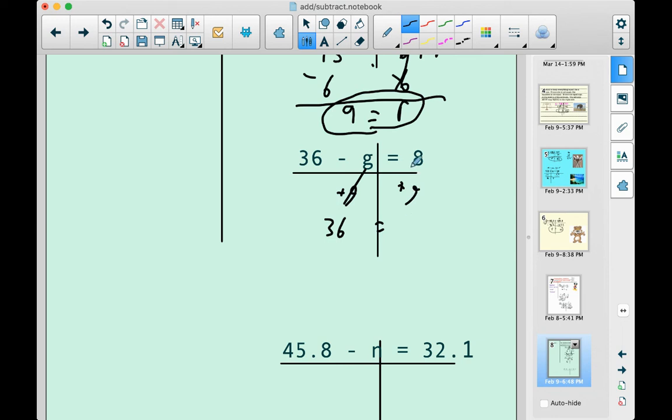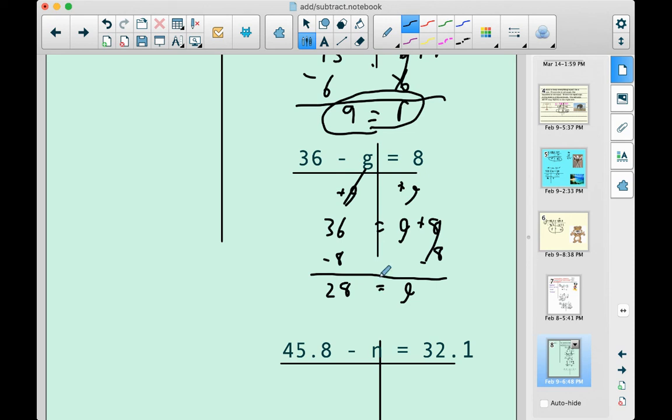On this side, I have 8 plus g, which I'm going to write as g plus 8. Again, order does not matter when we're adding. Okay, so g plus 8, I want it to be just g. So I subtract the 8 to get rid of it. I get g all by itself here. And here I get 36 minus 8 is 28.